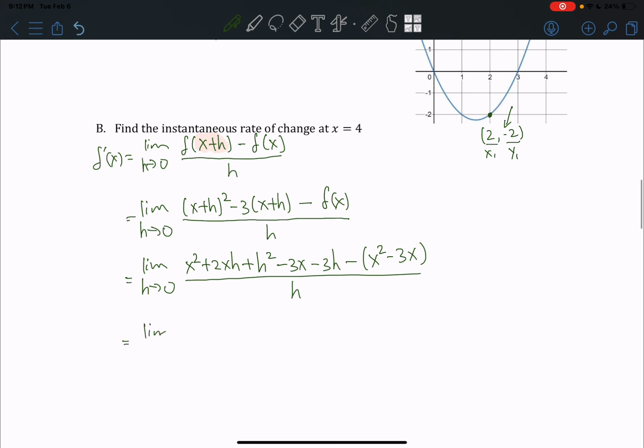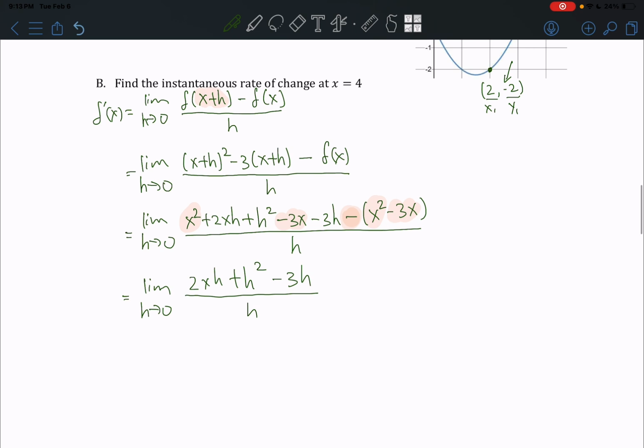Now I have the limit as h approaches 0. I can see that I have an x squared here, and I have a minus x squared again, so those go away. Similarly, I have a minus 3x and again a minus 3x, so those are going to go away. So all I have on the top is 2xh plus h squared minus 3h, all over h.